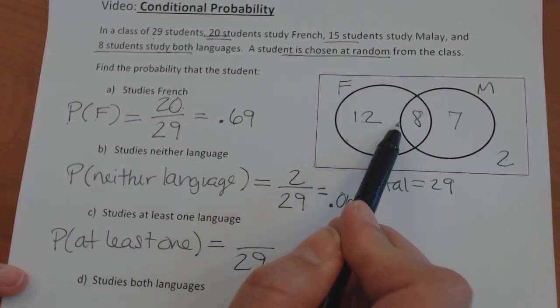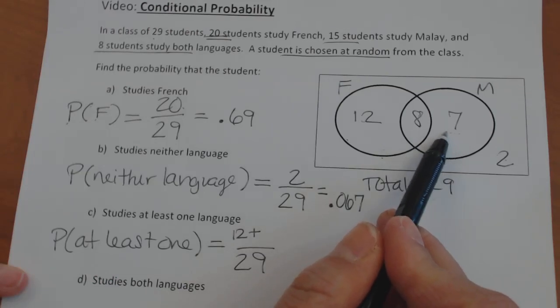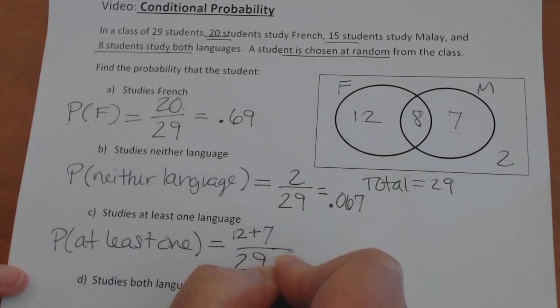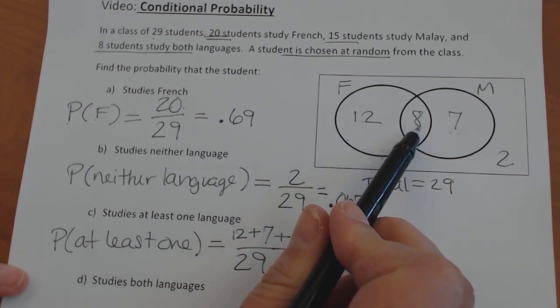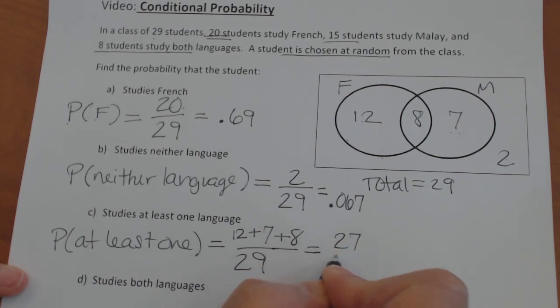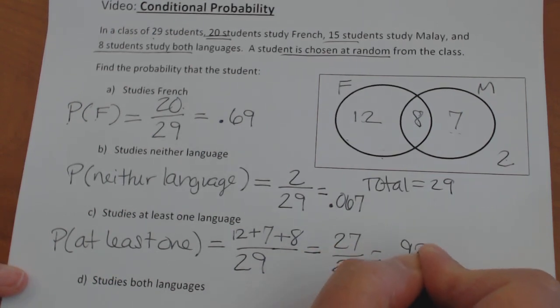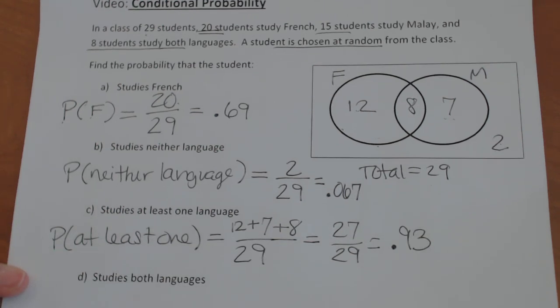So it's going to be 12 plus just speak Malay, 7, plus, now it says at least one, so we can have French and Malay, which is 8. So adding all of those up, I'm going to get 27 out of our 29 students speak at least one. And dividing that out, I get 0.93.